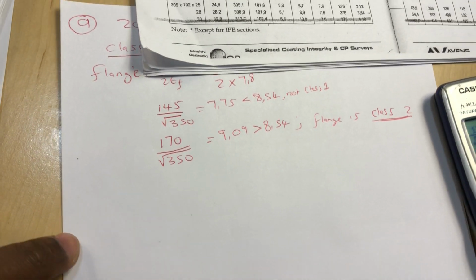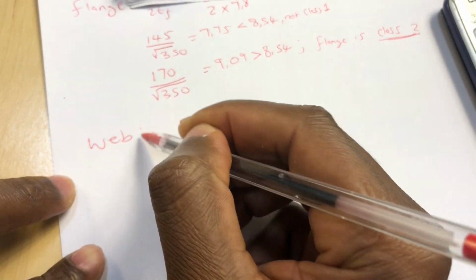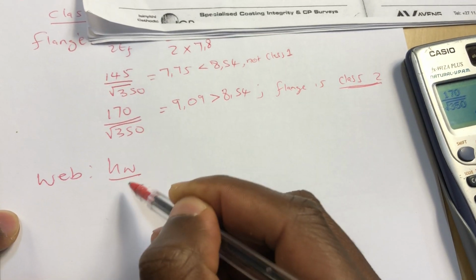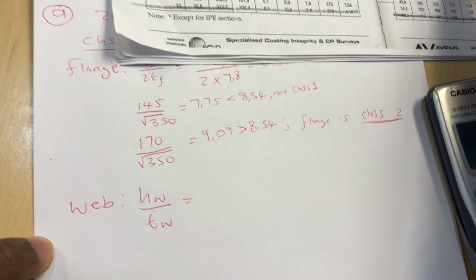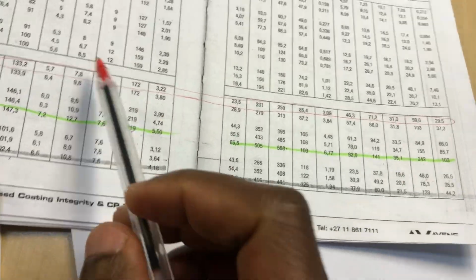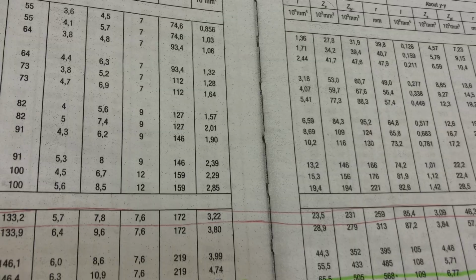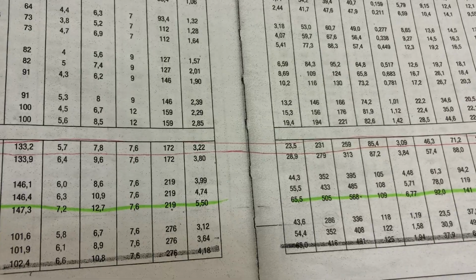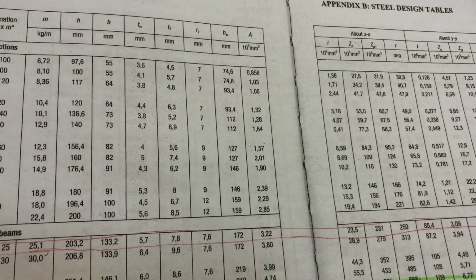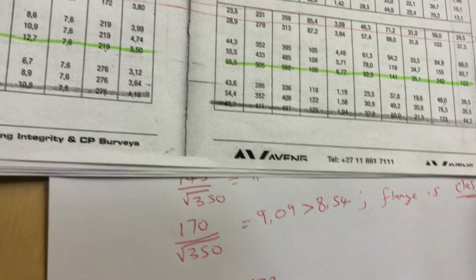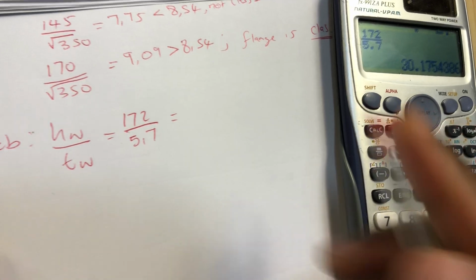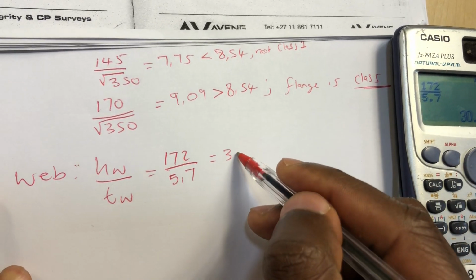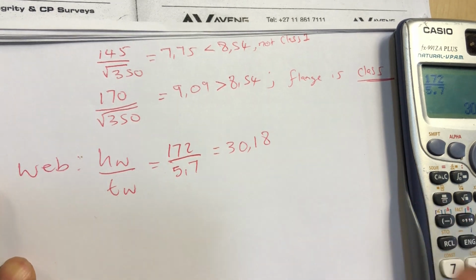Okay. Now you check your web. The height of the web over the thickness of the web. The height of the web is 172 over the thickness of the web, which is 5.7. 172 over 5.7 is 30.18.